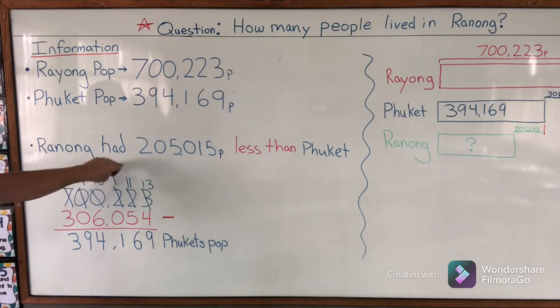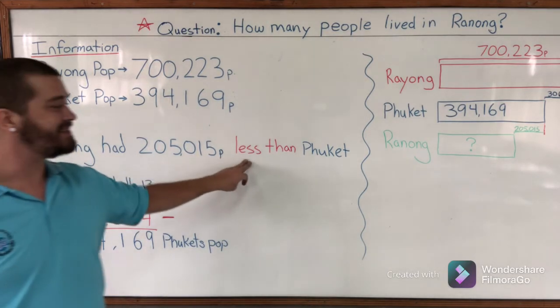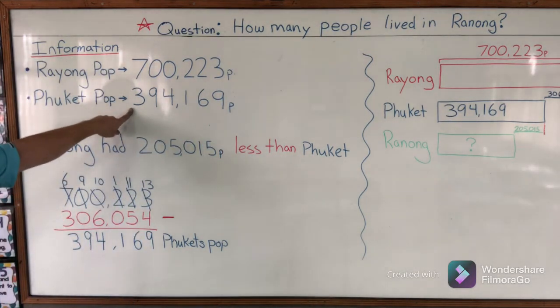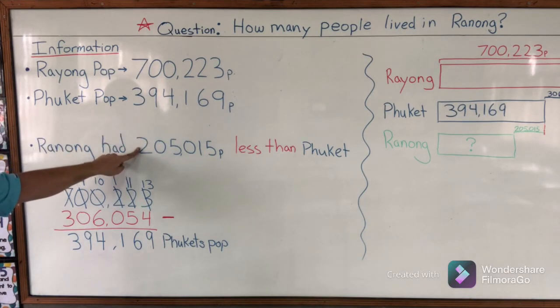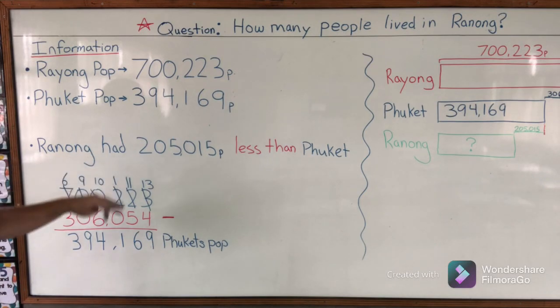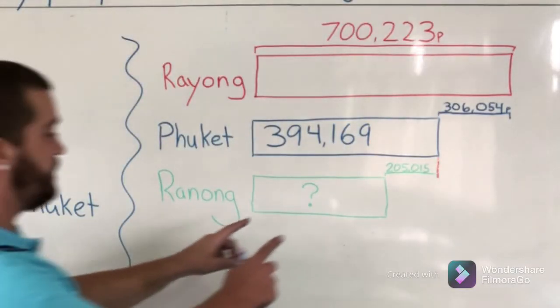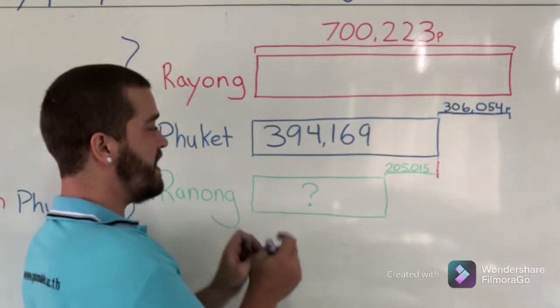Renong had this much less than Phuket. Well, this is Phuket's population right here. So all we need to do is take Phuket's population minus this, and it's gonna give you Renong's population.